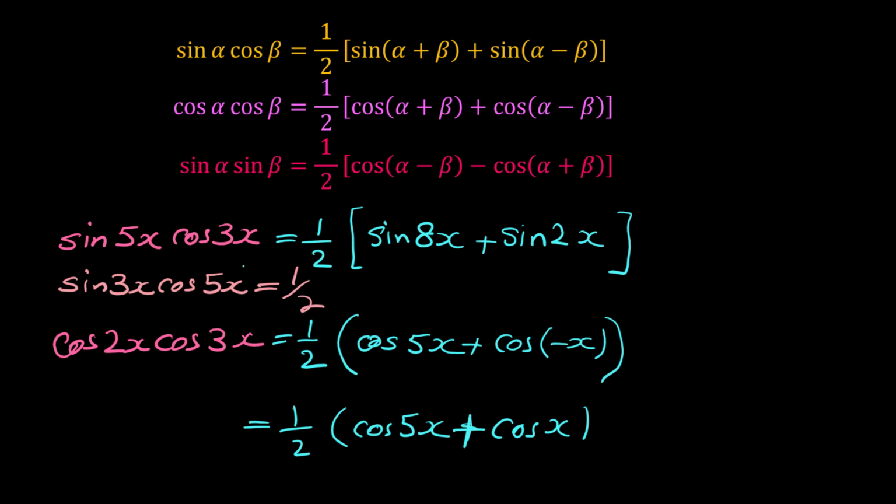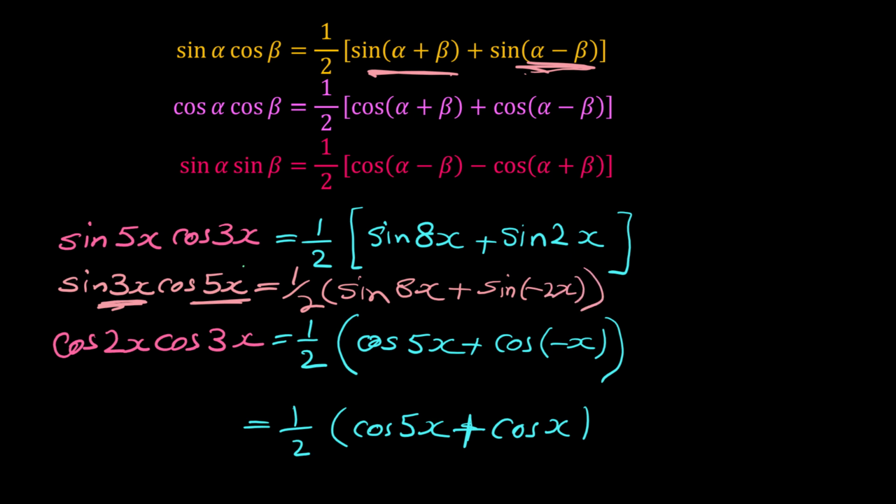This equals 1/2 sine of the sum of the angles, 8x, plus sine of the difference of the angles, and you have to subtract alpha minus beta. Basically you have to subtract beta from alpha. 3x minus 5x would be negative 2x, so sine of negative 2x. So this is our answer.